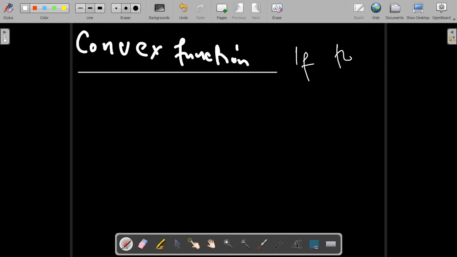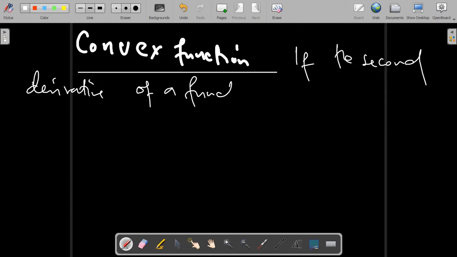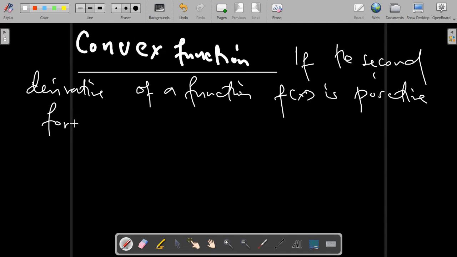So if the second derivative of a function of x is positive, for example, we may write like this: the second order derivative of the function is greater than 0.